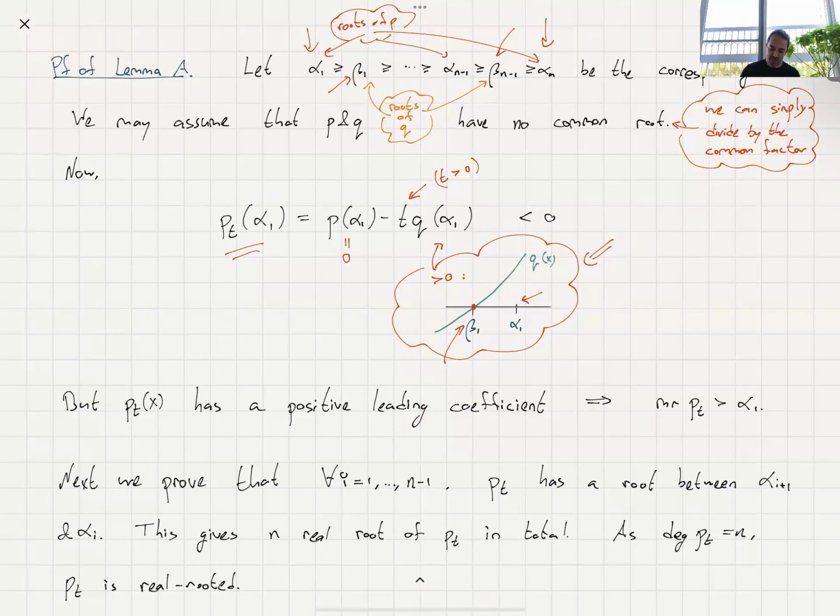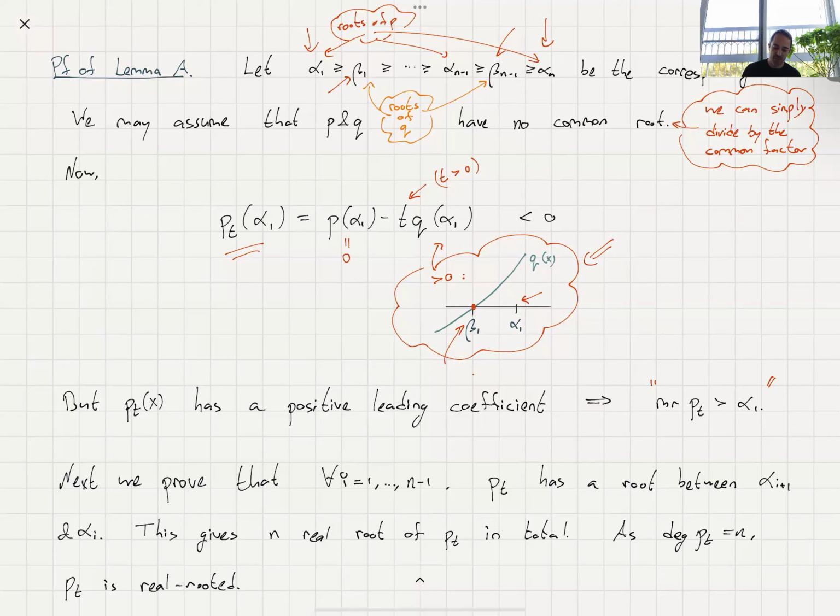I can't really say that the max root of PT is alpha 1, but I can definitely say that PT has a root to the right of alpha 1, because it's negative at alpha 1.